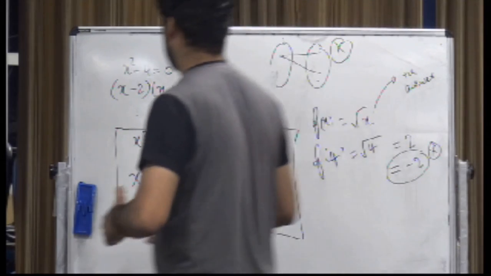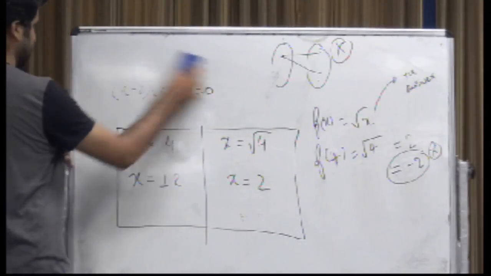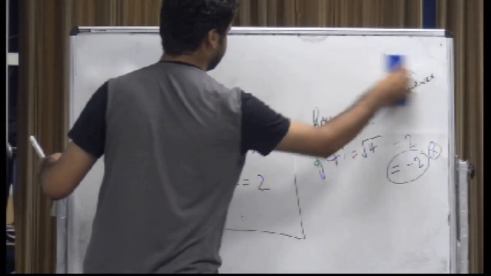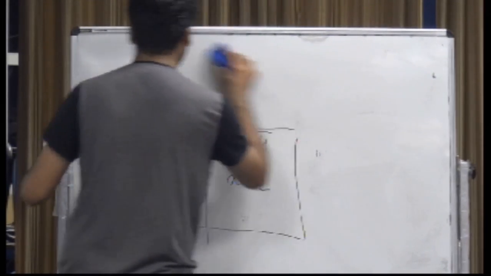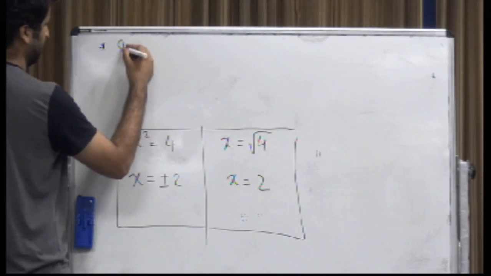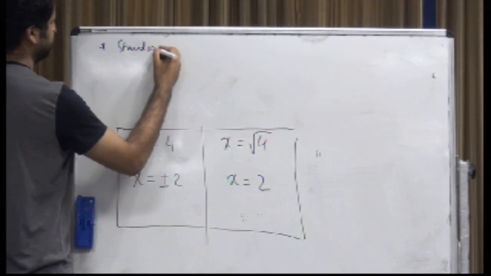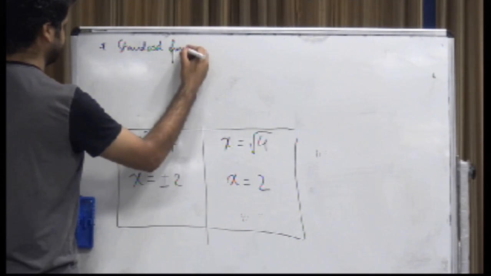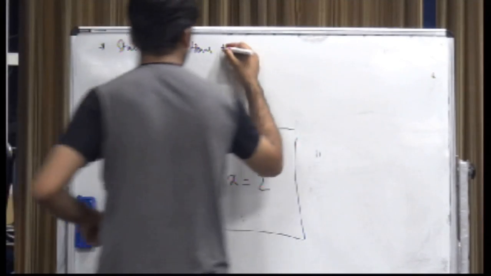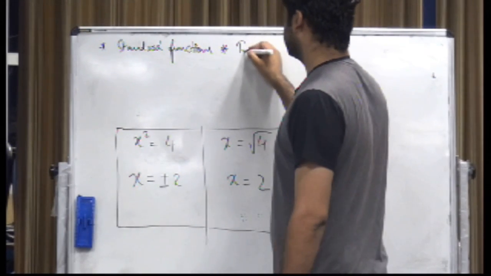So in case of functions, what we need to study is, step by step, we need to see some standard functions. And then after that, we need to study the types of functions.